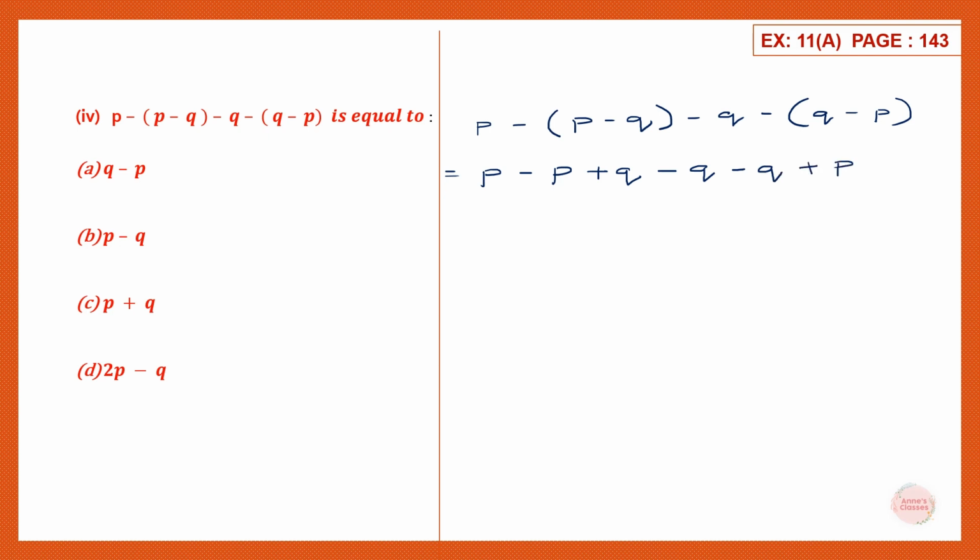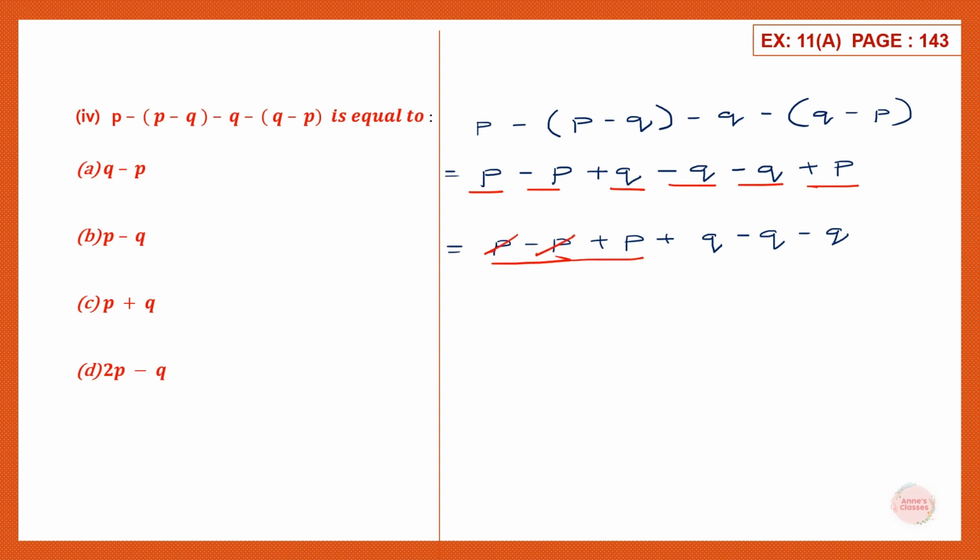Now we have a number of P's and Q's, so let's pick them out carefully. We have plus P, minus P, and we have plus P here. So that is P minus P plus P. Then what do we have in the Q's? We have Q minus Q minus Q. So now, P minus P is cancelled, isn't it? 1 minus 1 is 0.